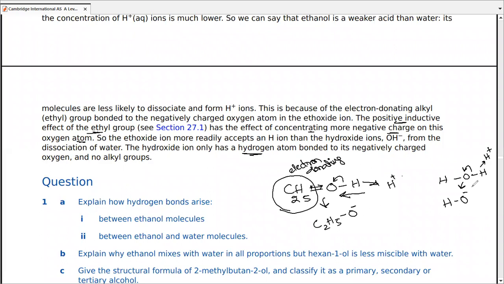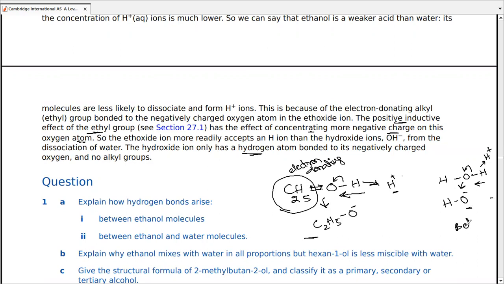As in this case, it goes a little less in comparison, which keeps it more in the molecular form, less H+ given out. This keeps it less in the molecular form, more H+ given out.